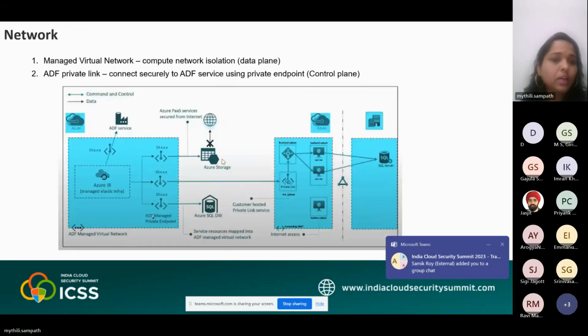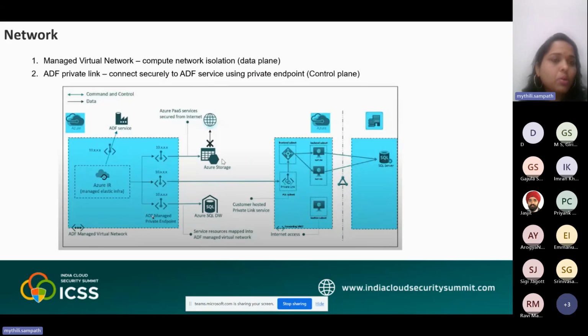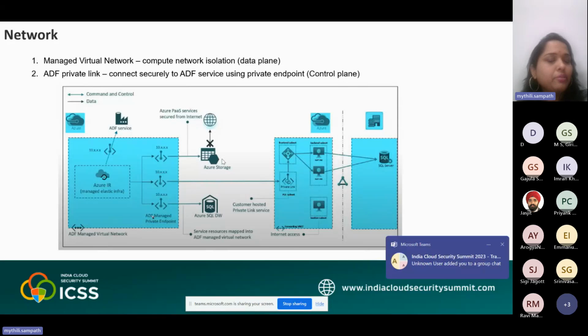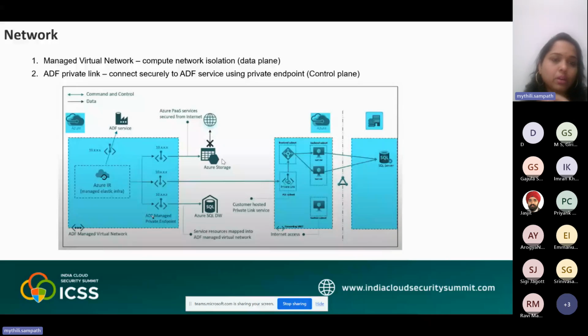And the other one is at the network level. Whenever ADF connects to on-prem, in cloud and on-prem hybrid mode, even though it is not in that virtual network, it builds a managed virtual network. Even the on-prem side can have a private endpoint.